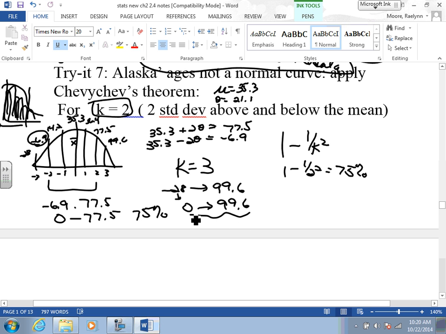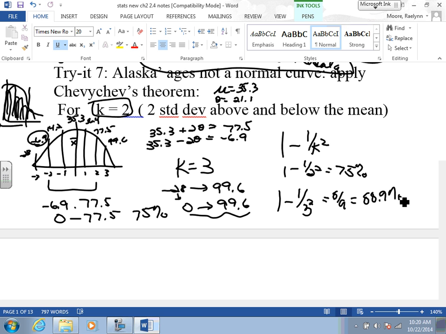Good. And then we'll do his formula with a 3 in here. This becomes 1 over 9, so this becomes 8/9, which is 88.9%. So 88.9% of the data, you are guaranteed to fall between 0 and 99.6.